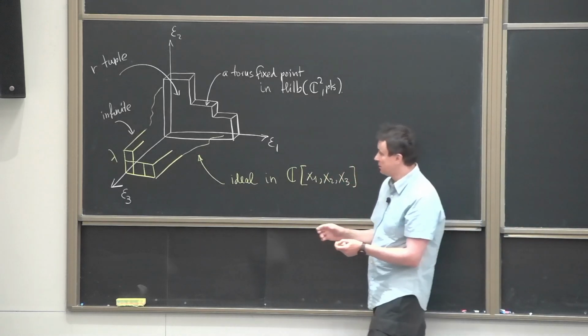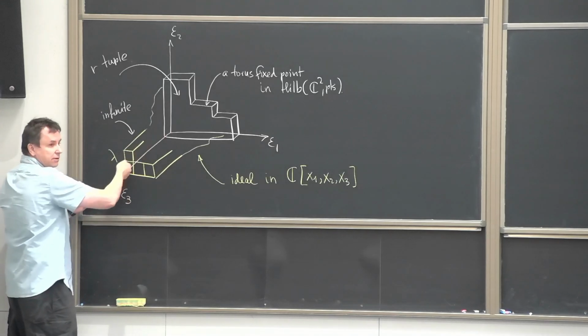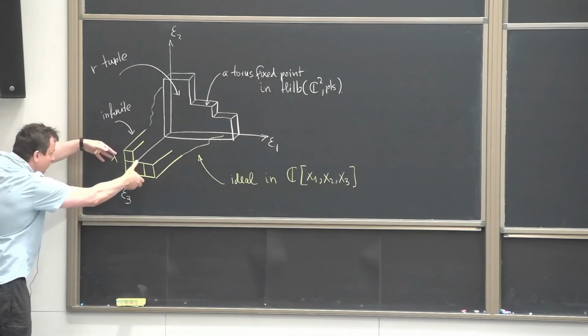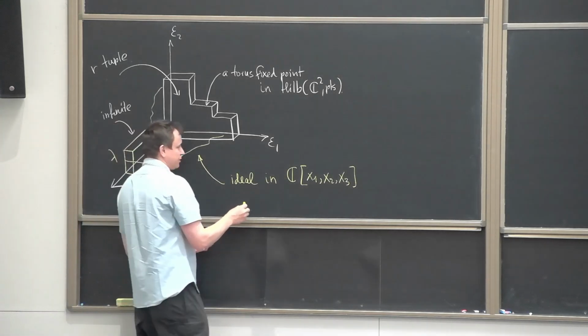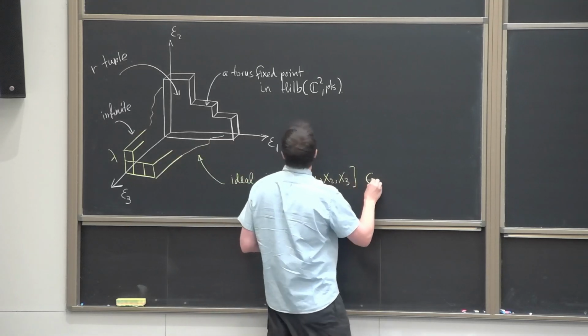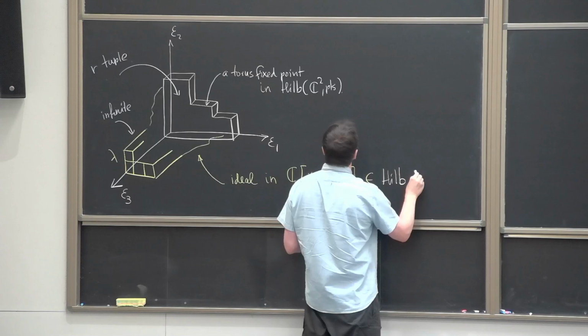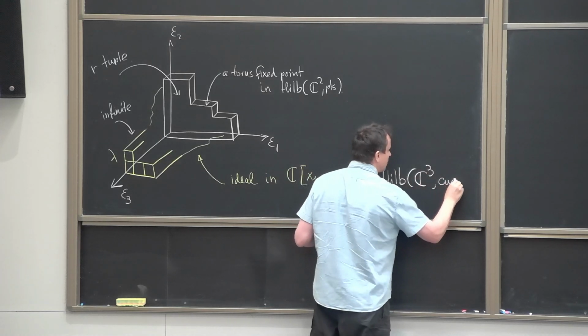It misses all the monomials that go in this direction. They're all not in the ideal. Is that clear? So this is an ideal. First of all, it's a point in the Hilbert scheme of curves now.